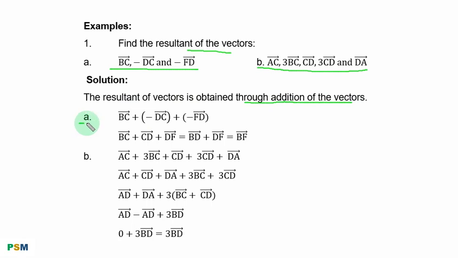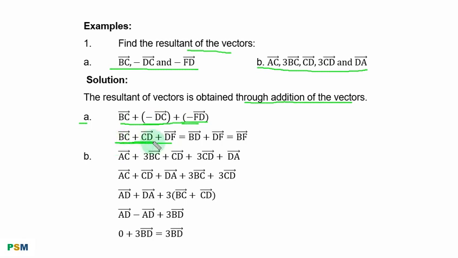A part of the problem, you add the three vectors together in this form. This vector can be made positive by interchanging the position of D and C to CD. You can do the same thing here. You have DF. Hence, this addition.